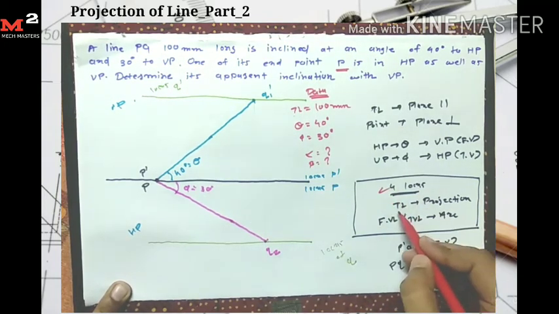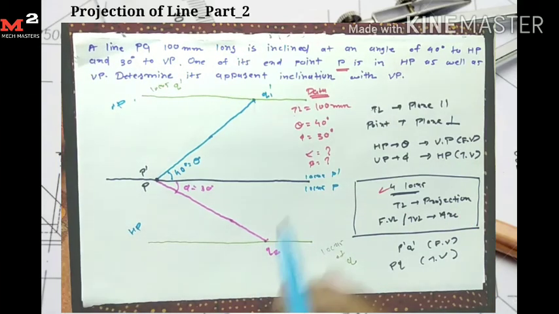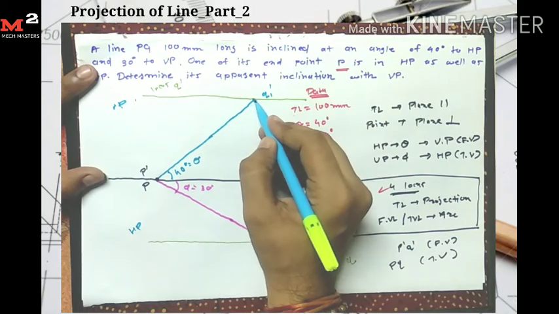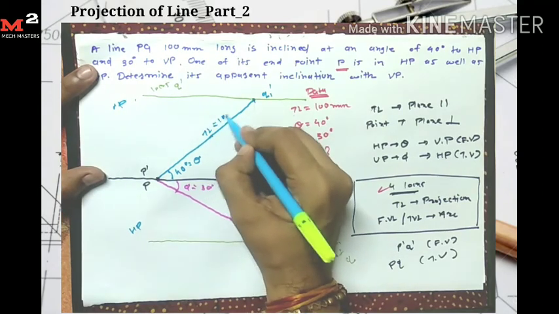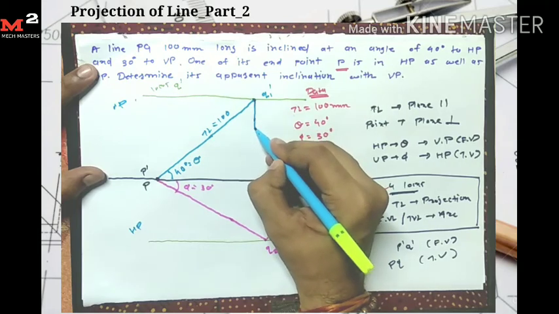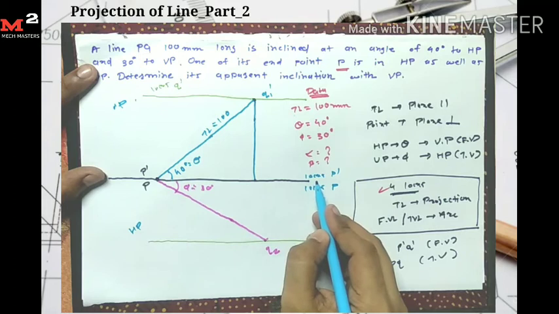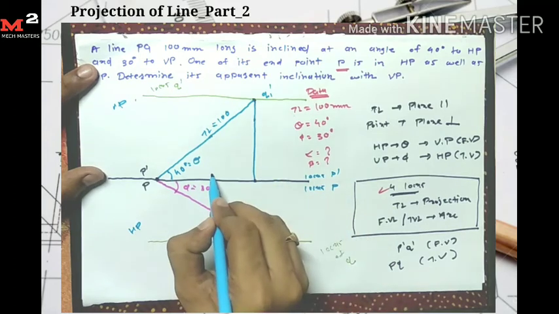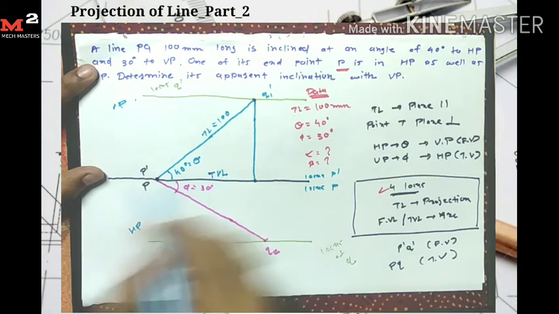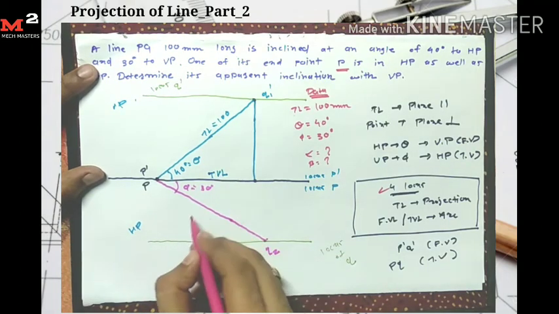Now from the true length we draw the projection line. From the Q1 dash point, this is my true length, equal to 100 mm. From here I draw the projection up to the locus of P. Here I get my top view length. Now this one is also my true length.